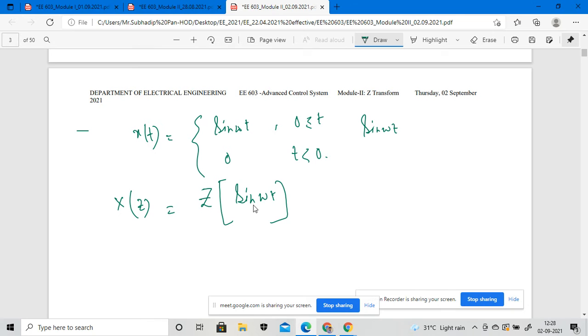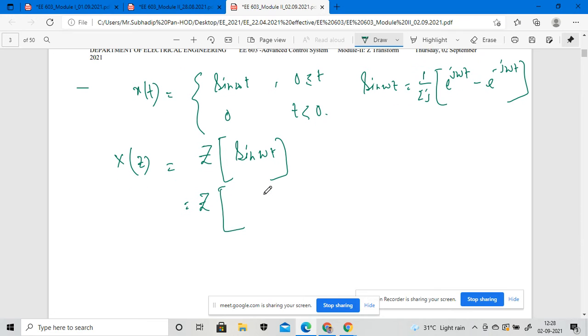So for sine of omega t, we will consider 1 by 2j into e to the power j omega t minus e to the power minus j omega t. That means we are applying the z transformation of 1 by 2j into e to the power j omega t minus e to the power minus j omega t, right?